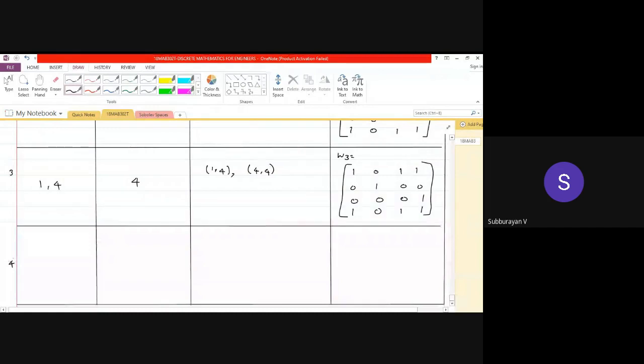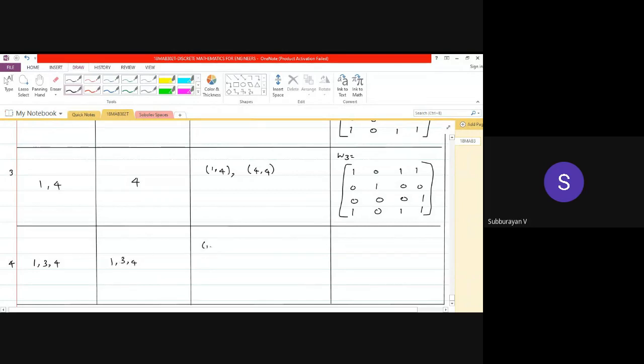Now come to column number 4, the fourth column. What are the entries having non-zero numbers? 1, 3, 4. Then what are the entries in the fourth row having non-zero entries? 1, 3, 4. Now make all the combinations.